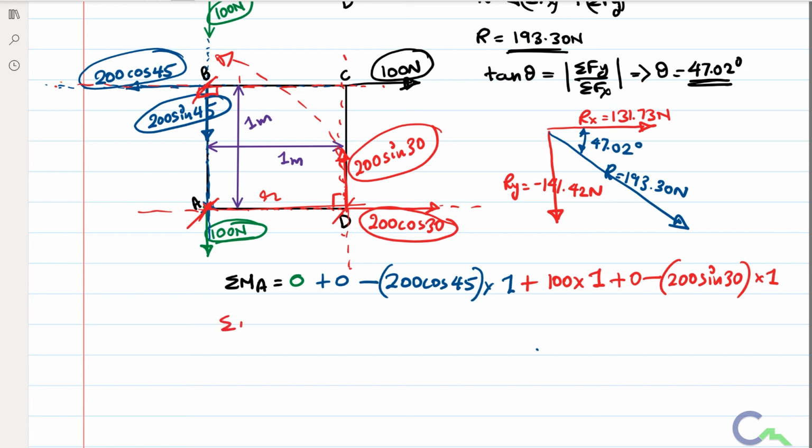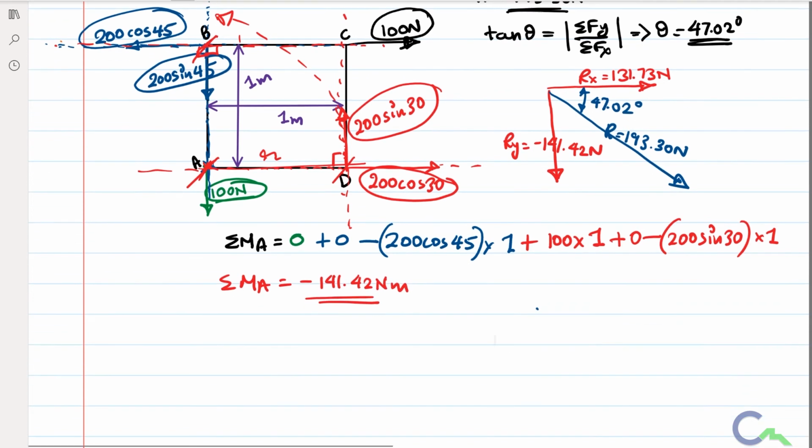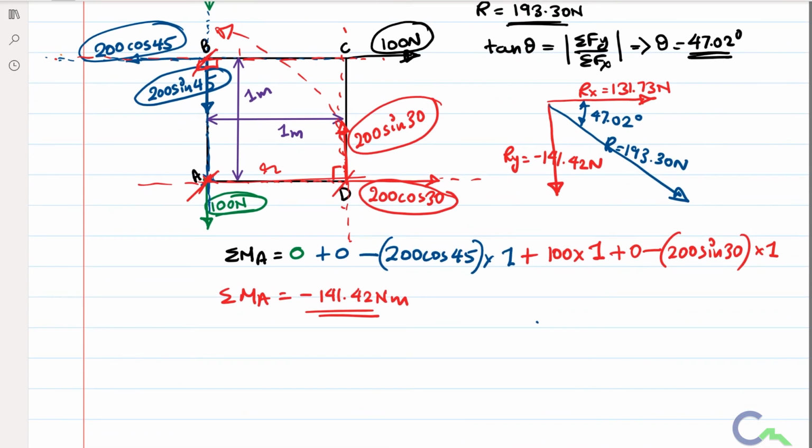So now I will get sigma MA is equal to minus 141.42 Newton meter. After getting the moment, I have to apply Varignon's theorem, that is R into D is equal to sigma MA.